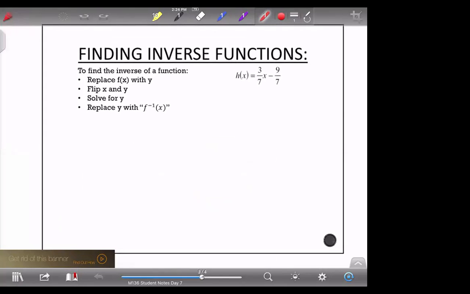All right, next one, we have h of x equals 3/7 x minus 9/7. So for this one, again, the same 4 steps. We're going to start off with taking h of x out and replacing it with y.